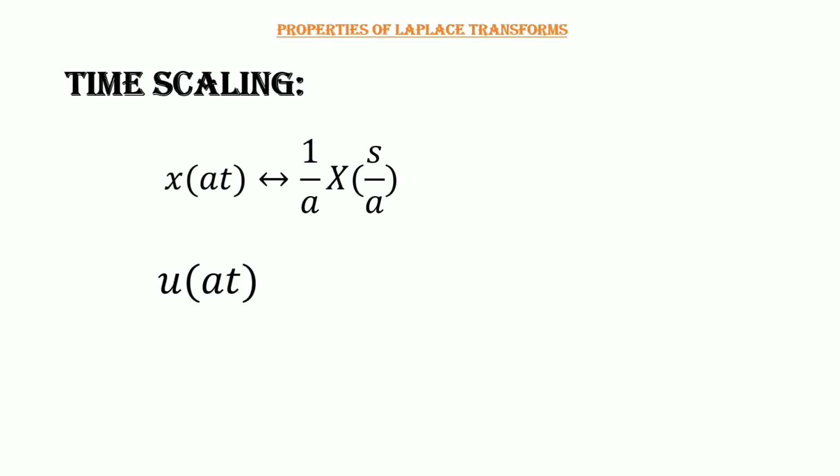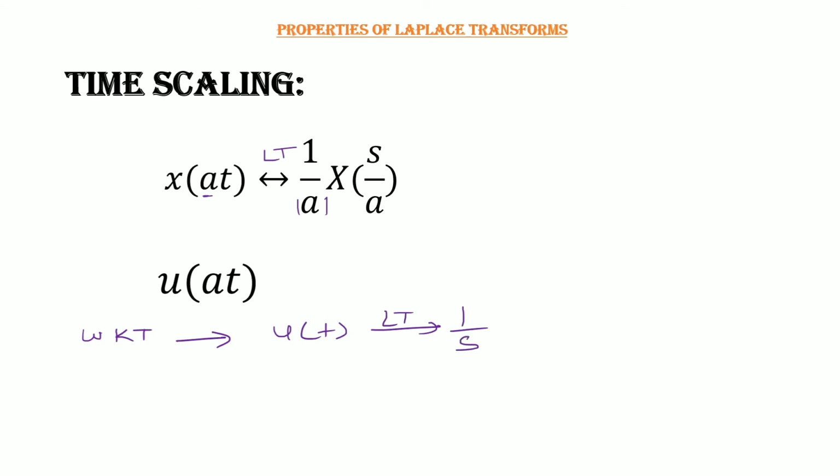Time scaling. For time scaling, if x(t) has t multiplied by a, then while taking the Laplace transform we will have 1 by mod of a, and s is replaced by s by a. So we know that for u(t) we have Laplace transform 1 by s.